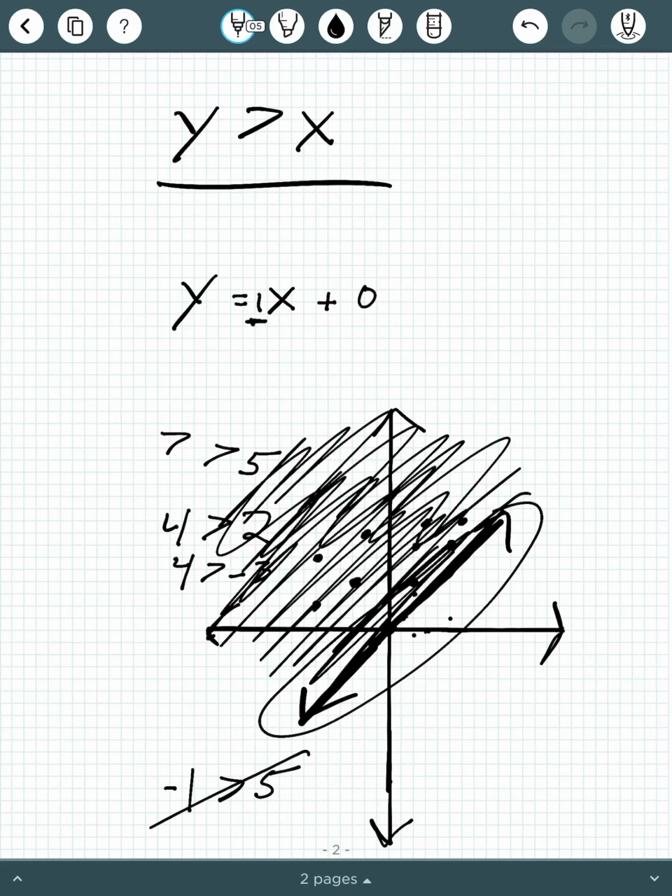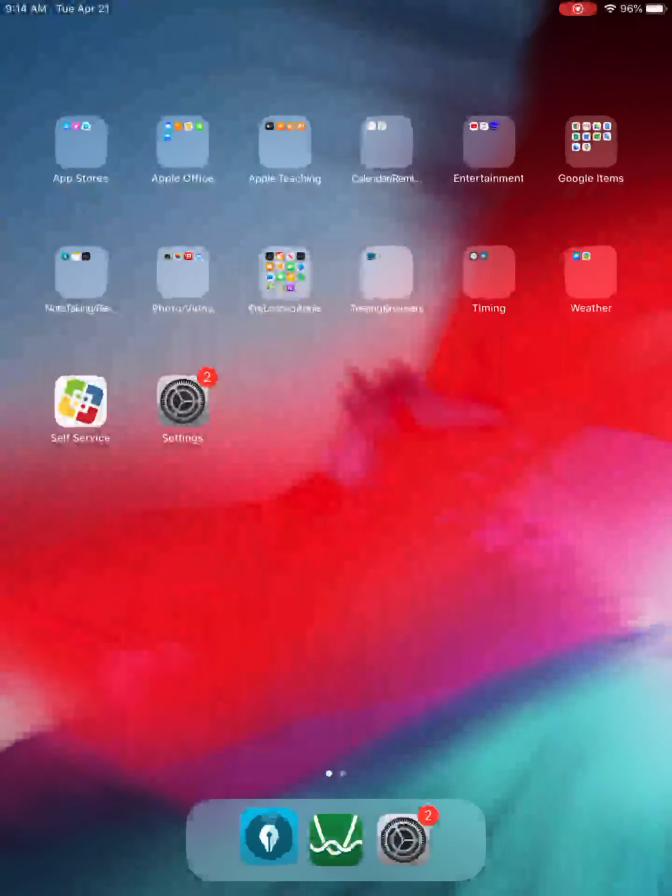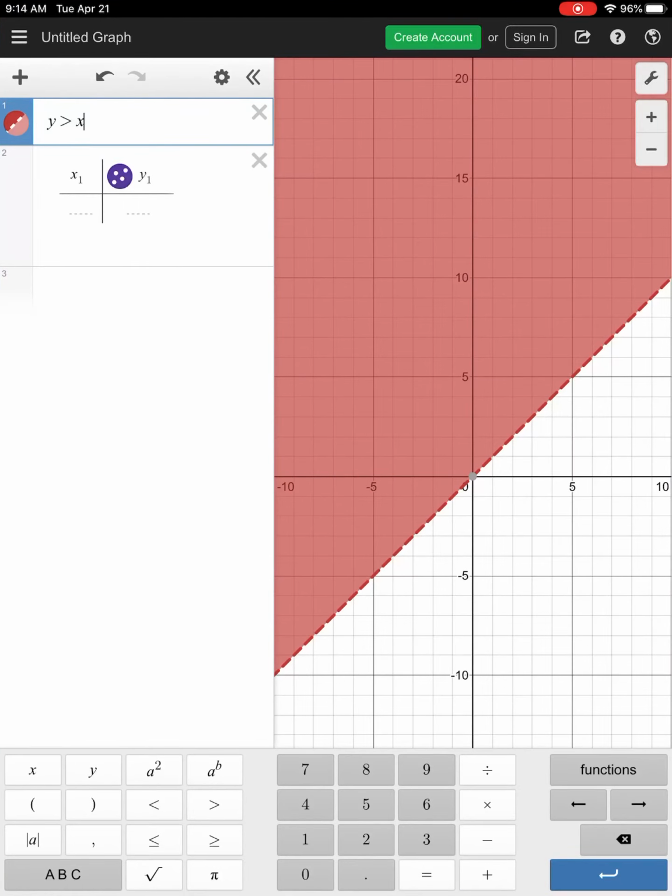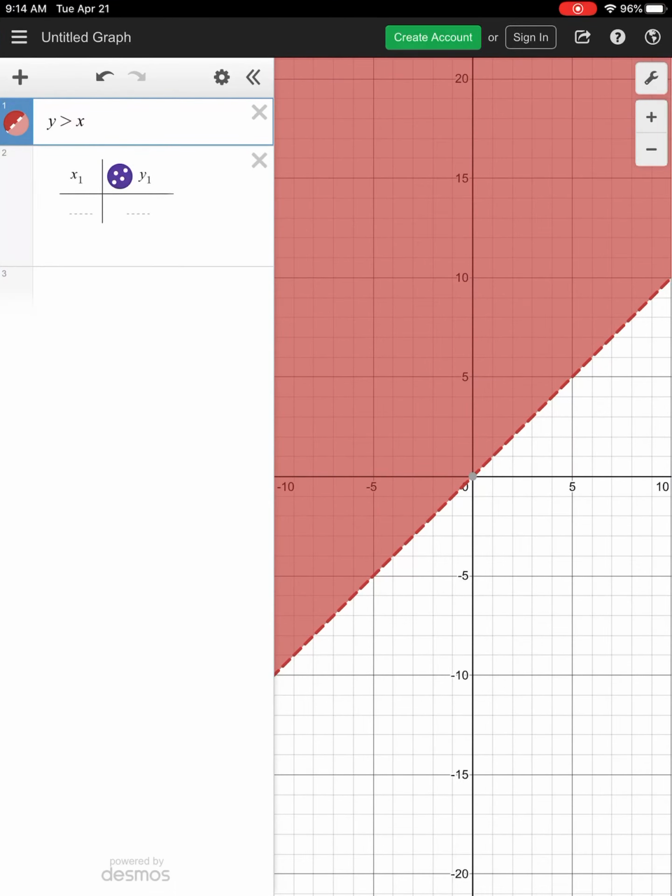I graphed, remember, y equals x, so that'd be like the 1,1 or the 2,2 or the 3,3. Do those make the inequality y is greater than x true? Is 3 greater than 3? Is 2 greater than 2? The answer is no, and you'll see Desmos made up for that by using a dashed line for the boundary line, so that we know the points on that line don't actually make the inequality true.